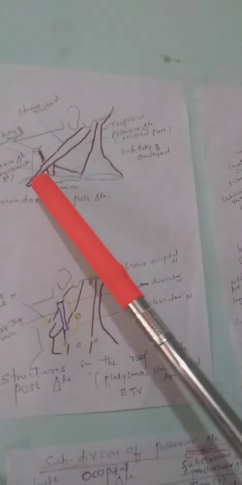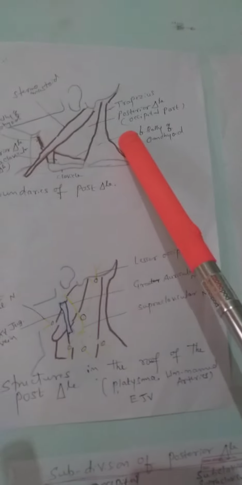Anteriorly is the posterior border of the sternomastoid, posteriorly the anterior border of the trapezius; both join at the apex. The base is formed by the clavicle. Due to the inferior belly of the omohyoid, it becomes two triangles: a larger occipital and a smaller one.